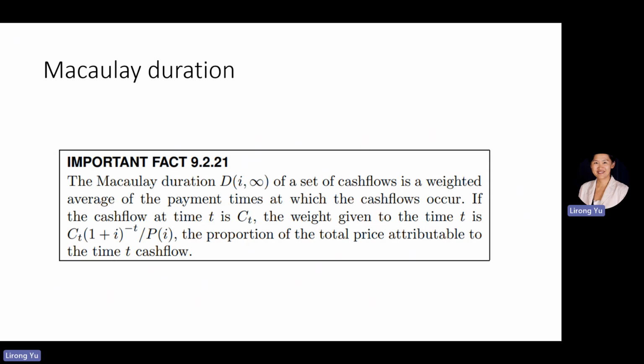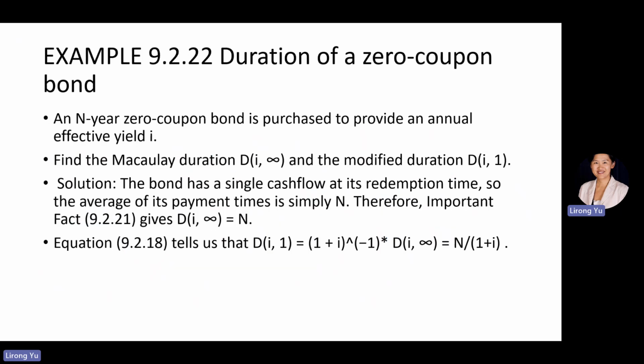Macaulay duration of a set of cash flows is a weighted average of the payment times, the t at which the cash flows occur. If the cash flow at time t is C_t, the weight given to the time t is C_t times 1 plus i to the power negative t over P_i, the proportion of the total price attributed to the time t cash flow. So this is one understanding of the Macaulay duration.